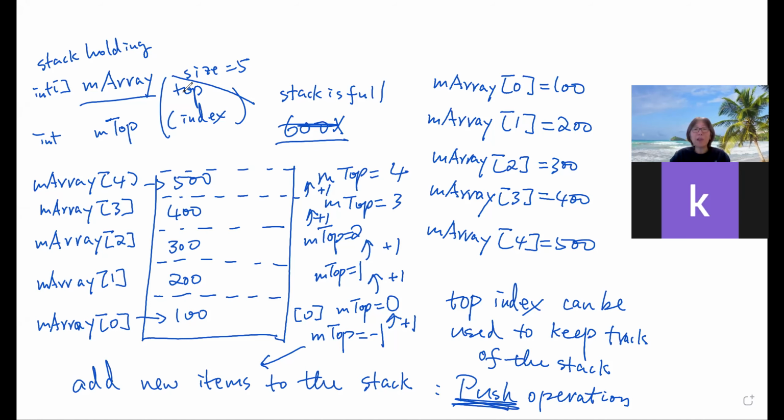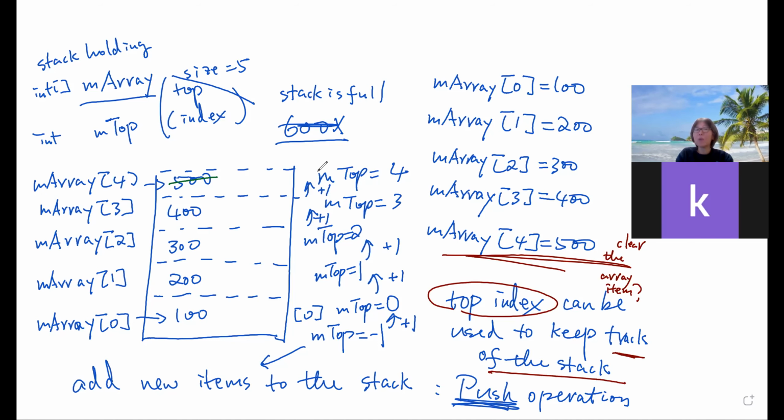Then let's see how we are going to remove. If we want to remove this 500, can you clear the array item? Basically, there is no way you can clear the array item here. But over here we said the top index is used to track the stack.